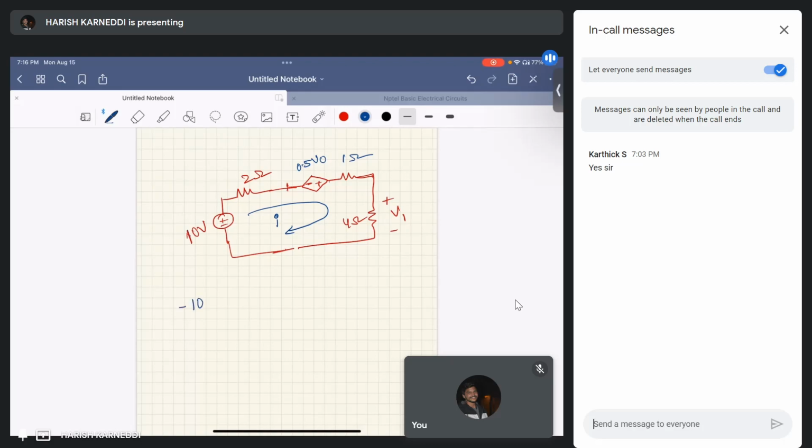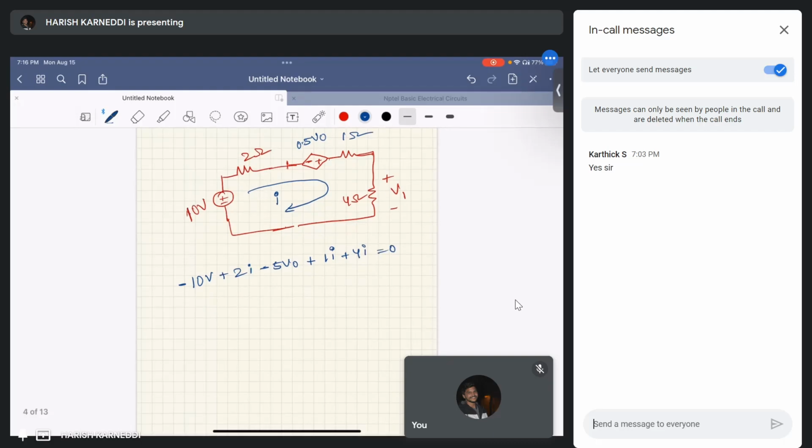Minus 10 volts plus 2I minus 5 V naught plus 1I plus 4I equal to 0, right?